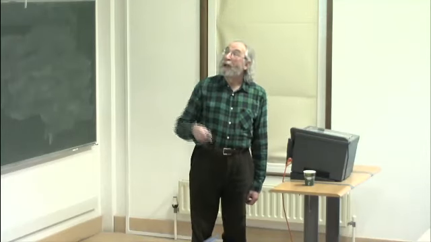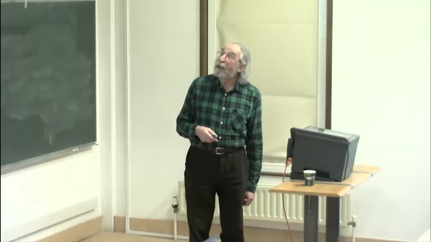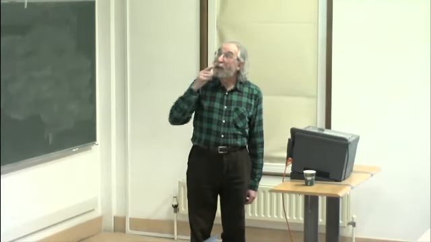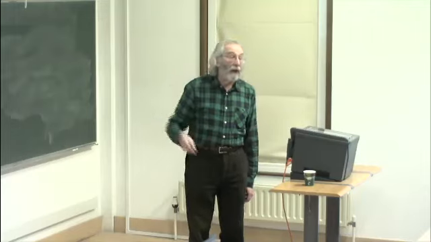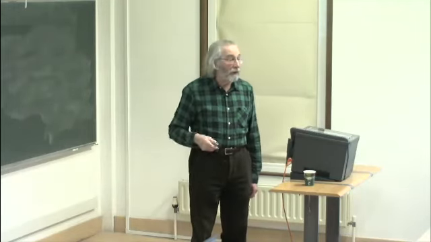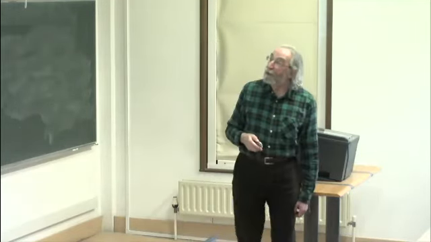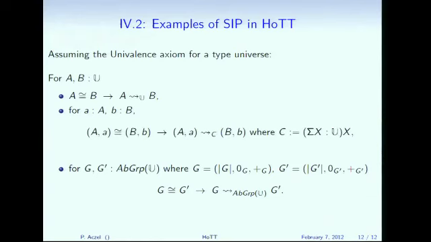Okay, so it follows from the univalence axiom that isomorphic structures of this kind are identical in this type theoretic sense of identity. And here's a more complicated example still with abelian groups.